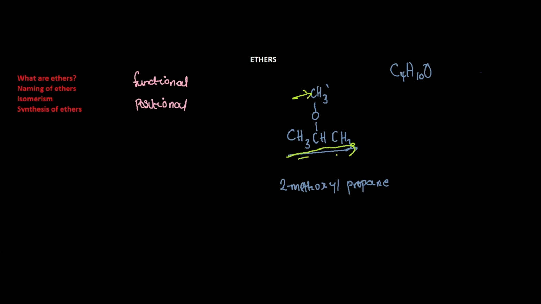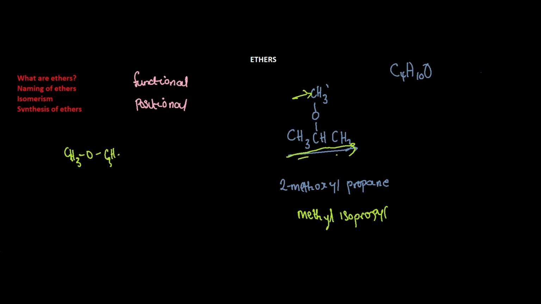Rather, it's attached to the second carbon atom of the propane, and that's why we have 2-methoxypropane. Now, the common name for this would be methyl isopropyl ether or isopropyl methyl ether.